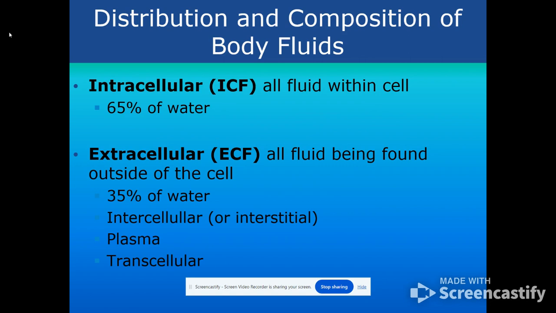Intracellular fluid, again, is found within cells, makes up 2/3 of the total fluid, and is vital to cell function. Extracellular, extra meaning outside, is outside of the cells. It is composed of the interstitial, which you have probably heard, plasma, and the transcellular. Those are the three compartments within the extracellular fluid.